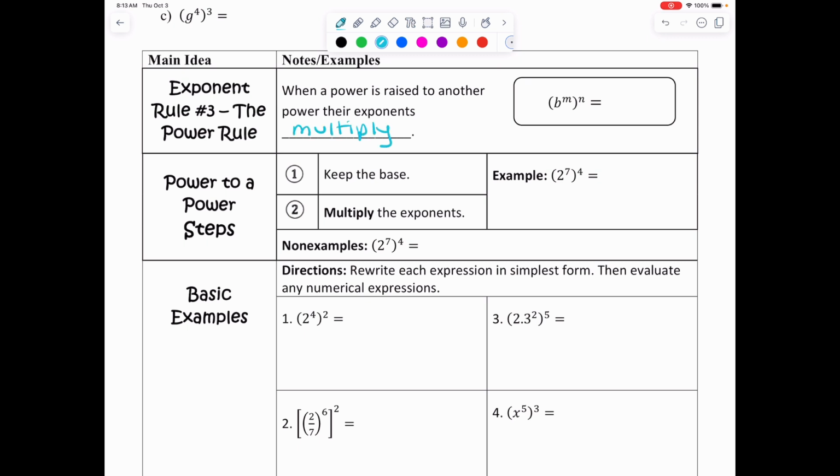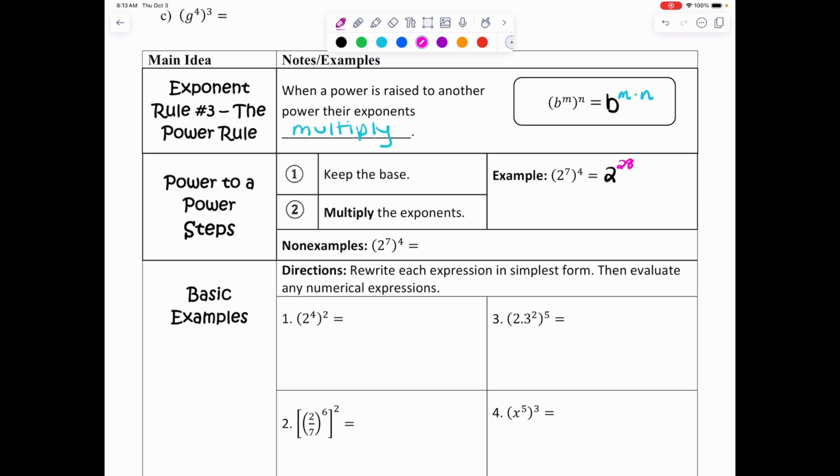You'll recognize this because when you look at our example here, we're still going to keep the base, but you see there's 2 little numbers. That means there's 2 exponents. That's power to a power, and we want to take those and multiply them. So in our example, we want to keep the base, the 2 stays, and then we want to take our exponents of 7 and 4 and multiply them to get 28.